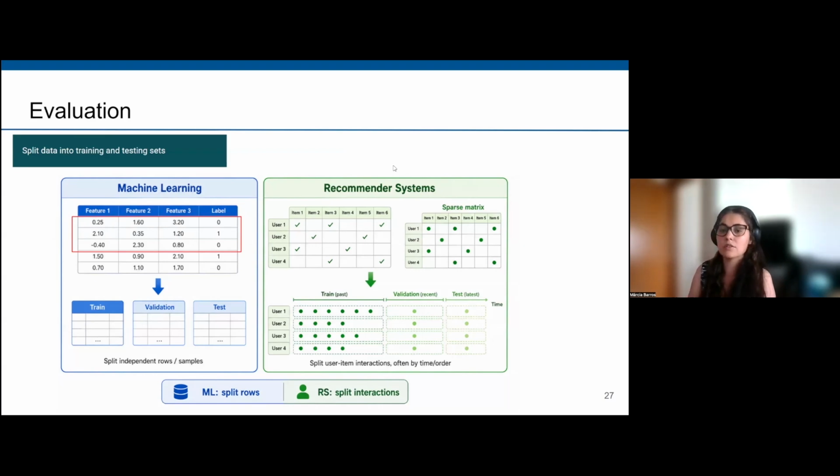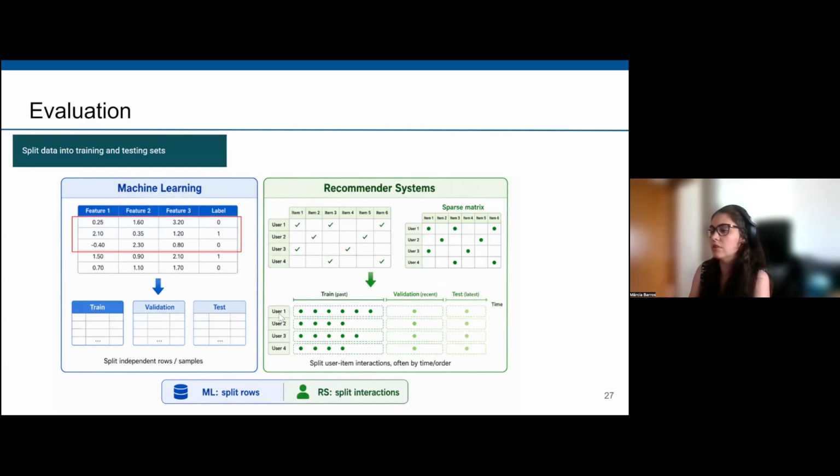But in recommender systems, we have this highly sparse data set, and we have this matrix with users and items. We cannot do this type of split, okay, because it would be very difficult to train only with user one and user two and test, for example, on user three, because we need information about user three in our training set.